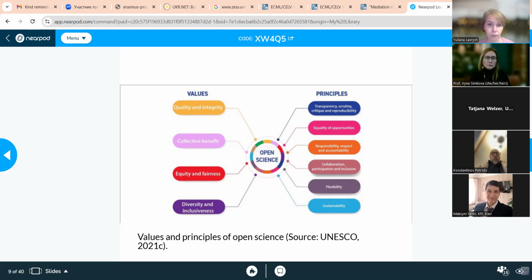Collective benefit. Science in general cannot be done by one person. You know that the whole notion and concept of science is about collaboration. So collective benefit is about equal opportunities, as I've said, despite your role and location. Equity and fairness.